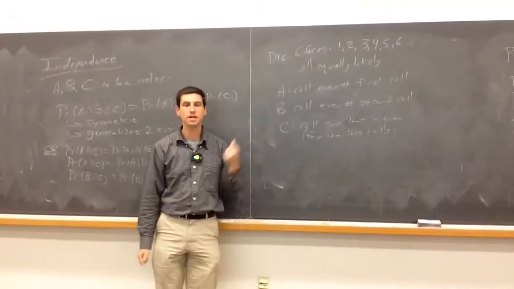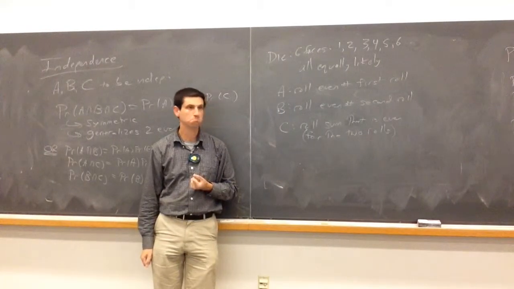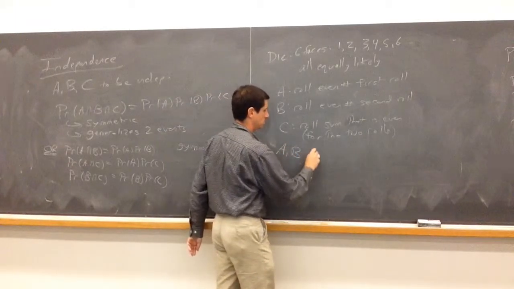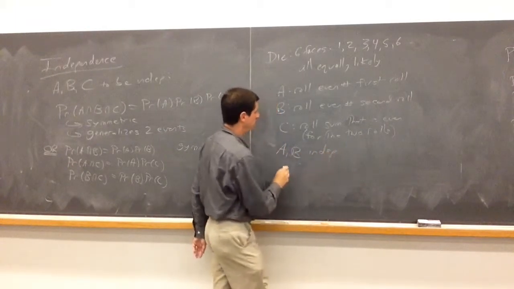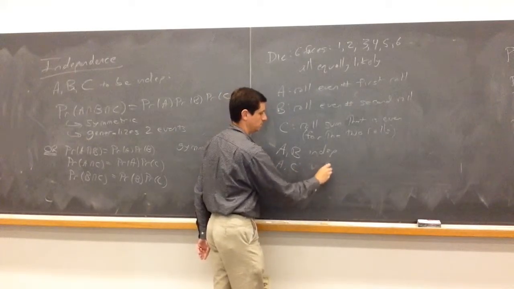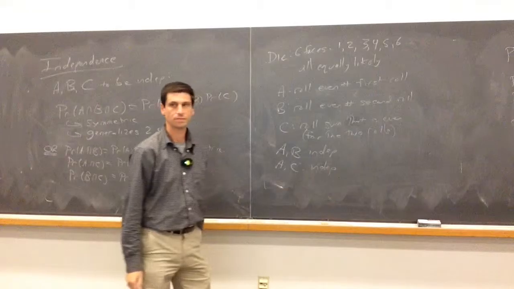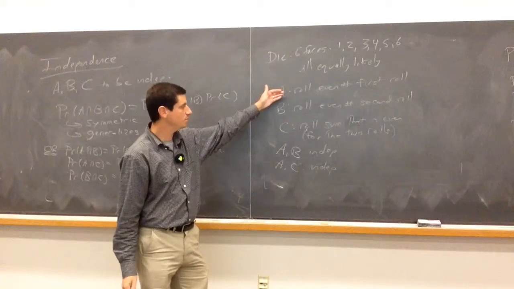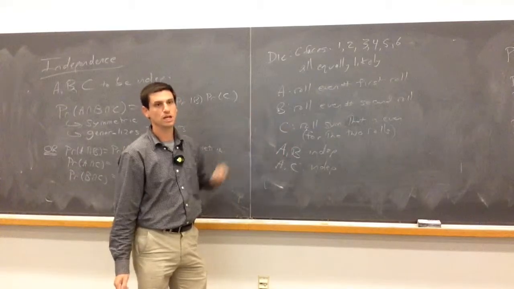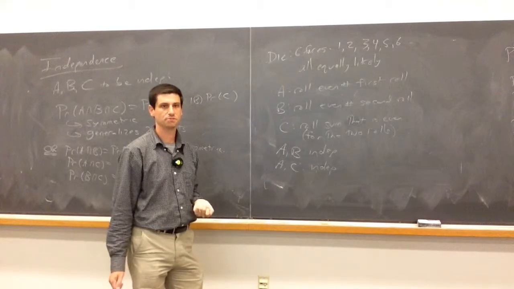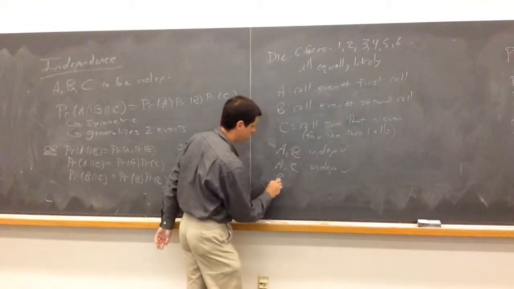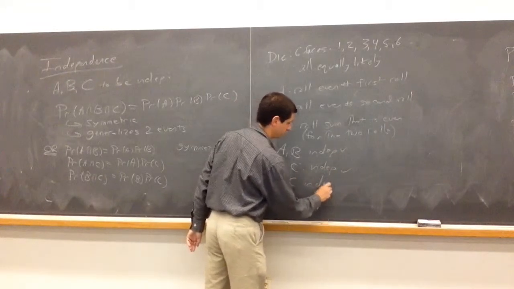Are A and B independent? A and B are independent. What about A and C? Yeah, if A is an even number, is C, the sum is even? It entirely depends on what B is. A provides no information. And similarly, you get B and C are independent.